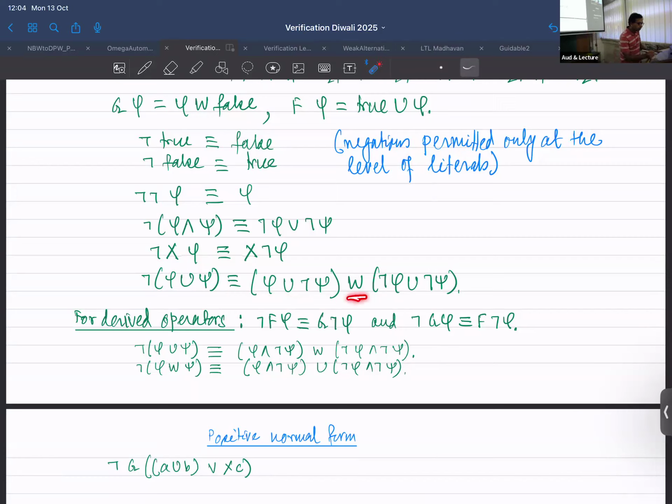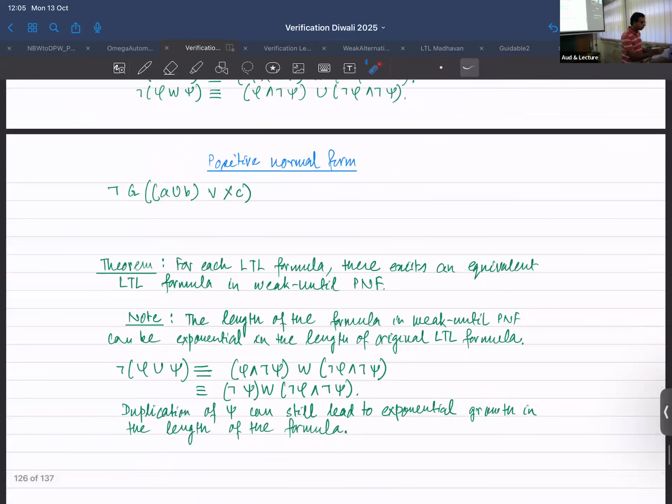So this is like weak until. So you can indeed negate this and push the negations inside with the weak until. And similarly, if you have the negation of phi weak until psi, now you can push the negation inside and use the dual form of the until. Clear? Okay, good.